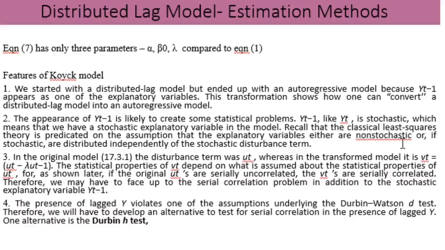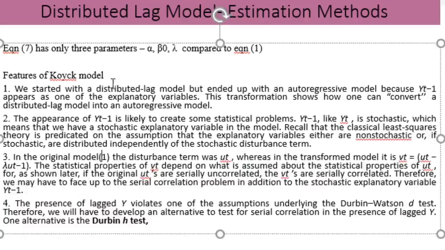If stochastic, they are distributed independently of the disturbance term. Here, the appearance of yt minus 1 is stochastic. Then this is the second feature. In the original model the disturbance term was ut, whereas we transformed it into vt.